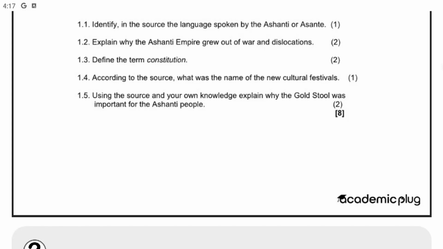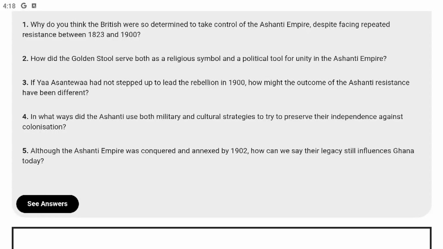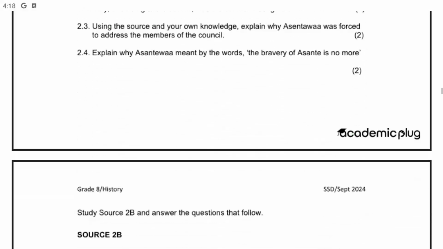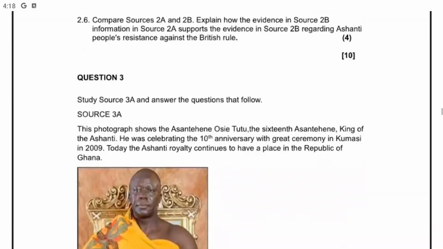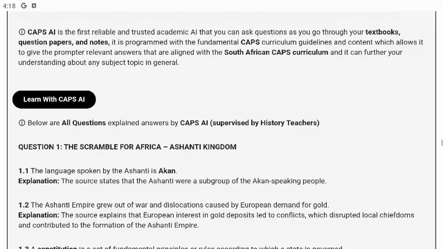Okay, so 1.1: identify in the source the language spoken by the Ashanti or Asante. Here we use CAPS AI to make sense of the questions and the answers, right?